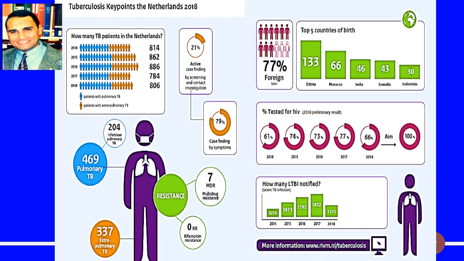The most symptomatic tuberculosis is the pulmonary type, and most persons were detected not by diagnostic screening but by symptoms. Also, HIV-infected persons showed a high rate of tuberculosis infection, and 77% of foreigners were infected by tuberculosis. This chart helps in control and prevention programs for tuberculosis in the Netherlands.